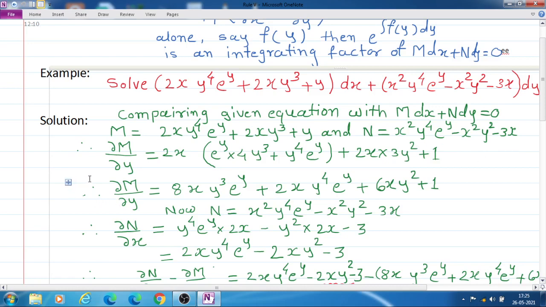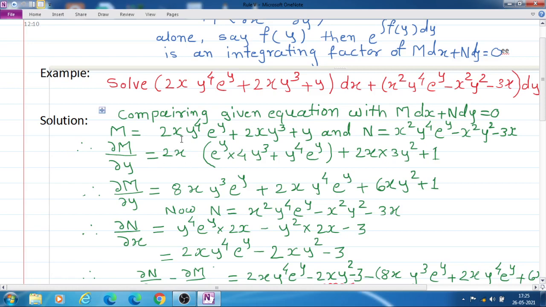So now we have to calculate ∂M/∂y and ∂N/∂x. So ∂M/∂y means derivative of M with respect to y keeping x constant.